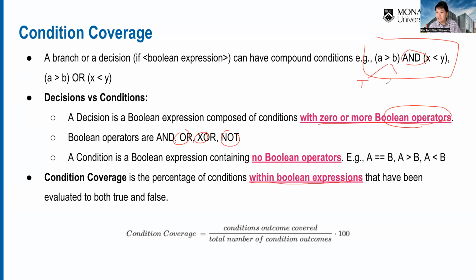A is greater than B or not, true or false. And X is less than Y, true or false. So in total, how many condition outcomes do we have? 4. These are the 4 condition outcomes that we need to test. Make sure that the test cases exercise everything to achieve both true and false outcomes here.